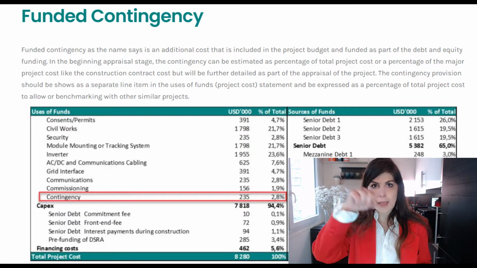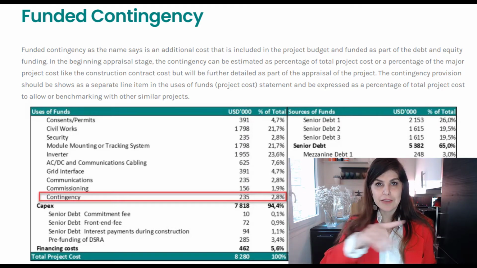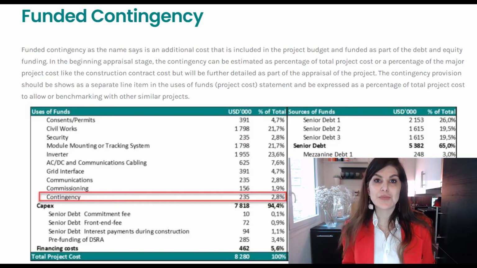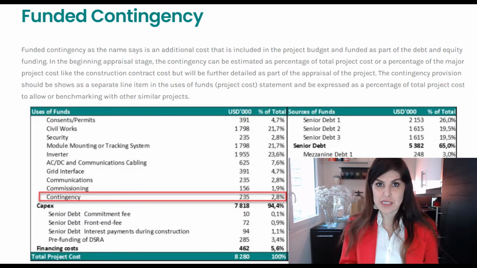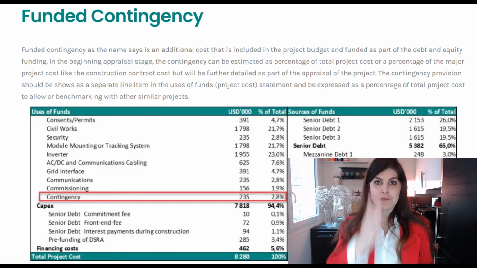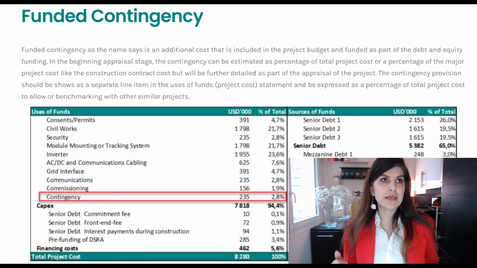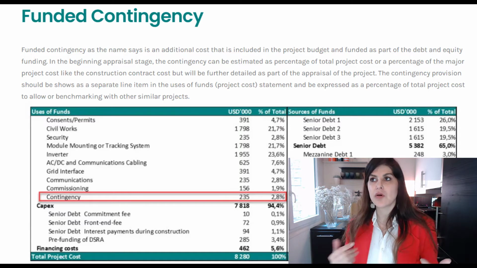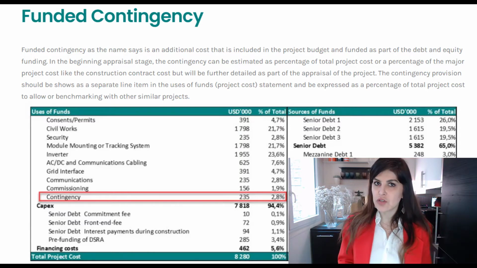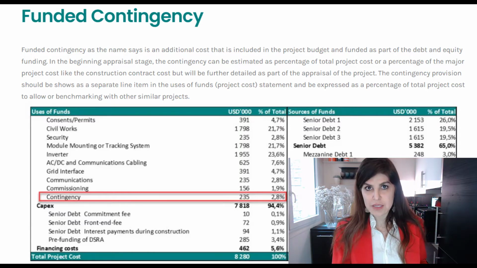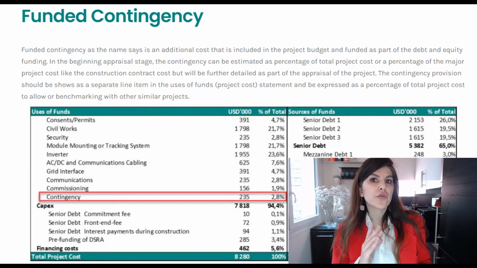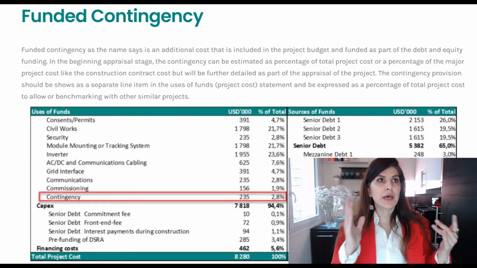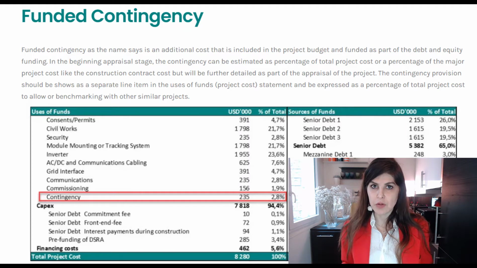So if you look at the bell curve, let's say that this is contingency and this is the probability distribution for the contingency provision. Lenders will look at the 50%. So let's say that the technical advisors come and say that based on this project, there is a 50% chance that there will be a cost overrun of around $500,000.